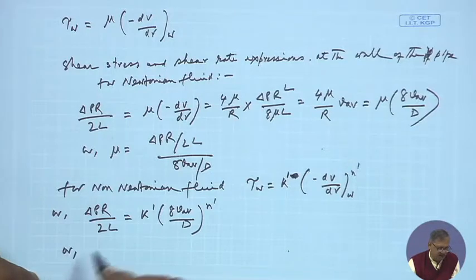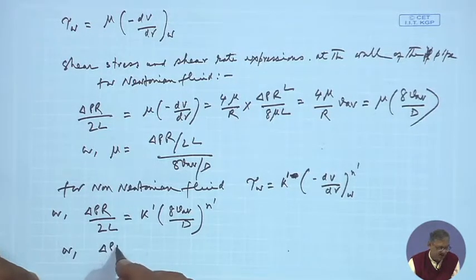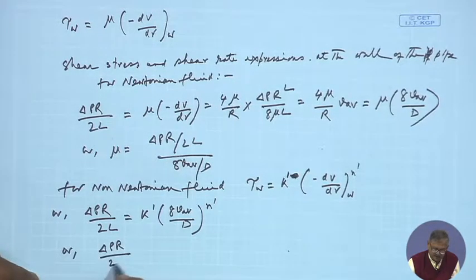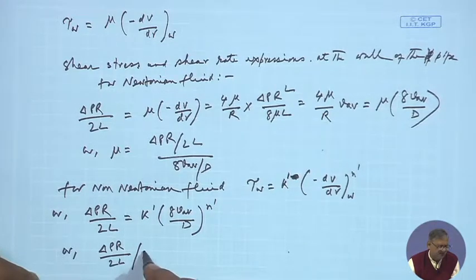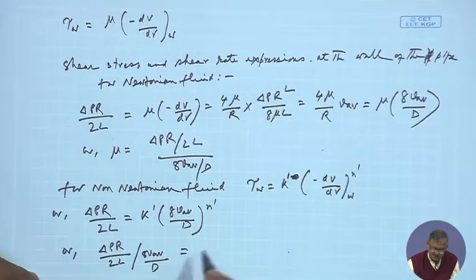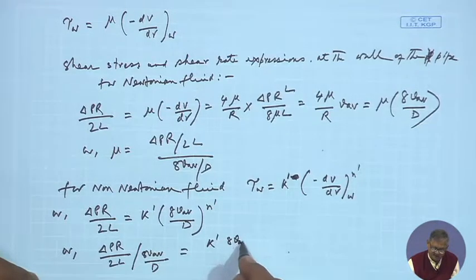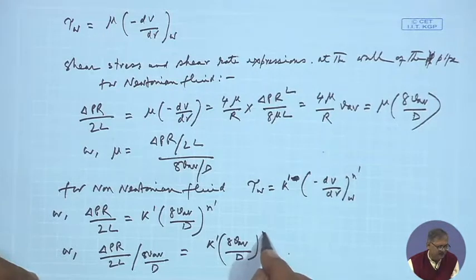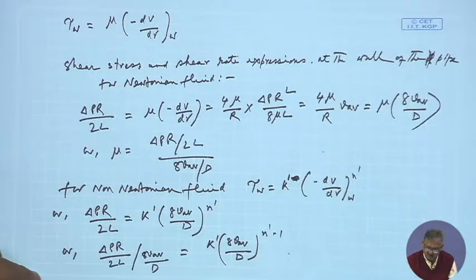So, we can write that delta P R divided by 2 L over 8 V average by D is nothing but K prime 8 V average divided by D to the power n prime minus 1, right.